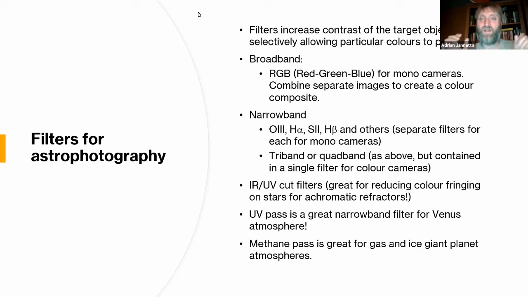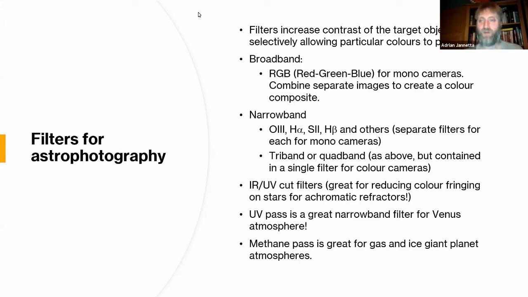So color cameras tend to have a lower resolution than a mono camera does. I think I'm right about that. So if you can, you should get a mono camera, and then you can have color images by using filters, and they'll be a higher resolution than the equivalent color camera would be able to produce.